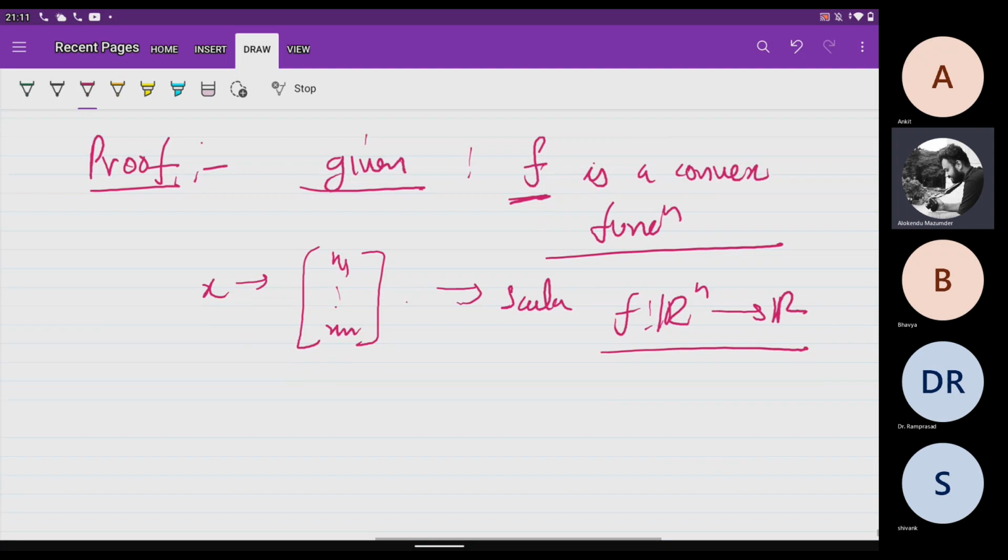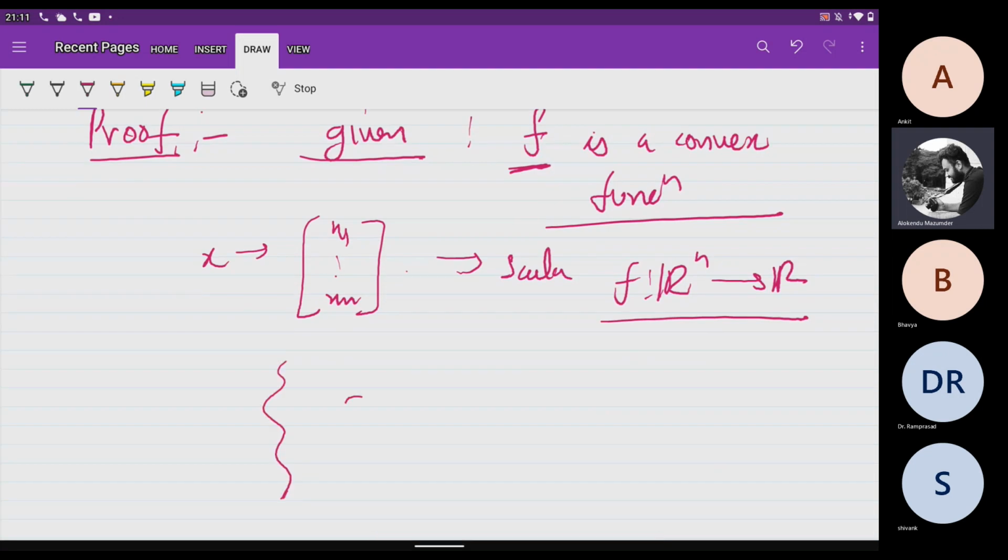Now I can write g of t equal to f of x plus tv.